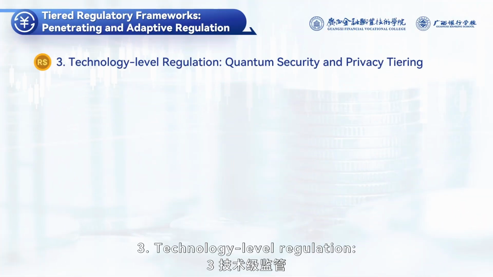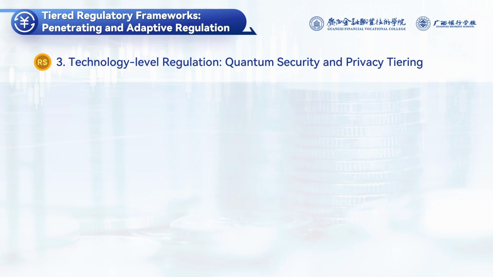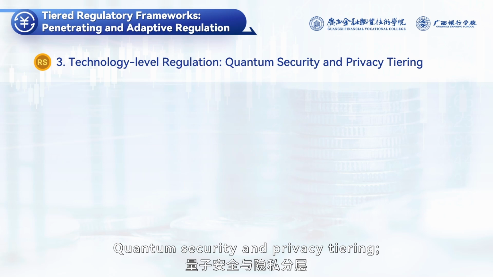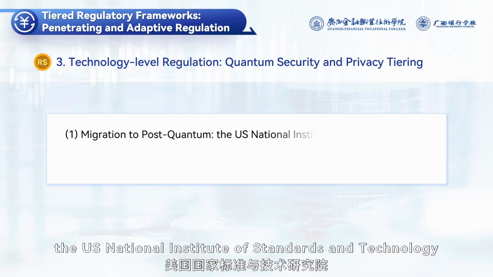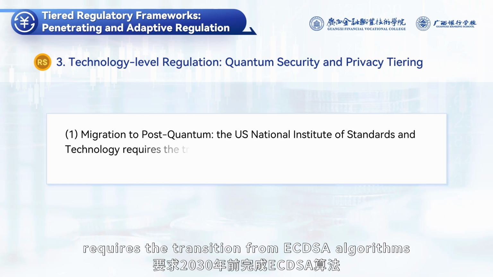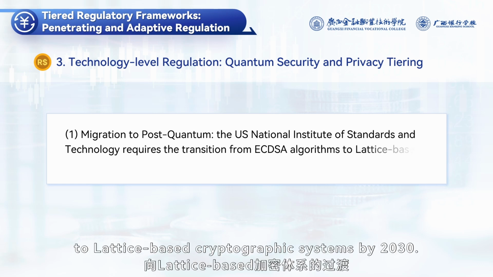3. Technology-level regulation, quantum security, and privacy tiering. Facing potential threats from quantum computing, the U.S. National Institute of Standards and Technology requires the transition from ECDSA algorithms to lattice-based cryptographic systems by 2030.